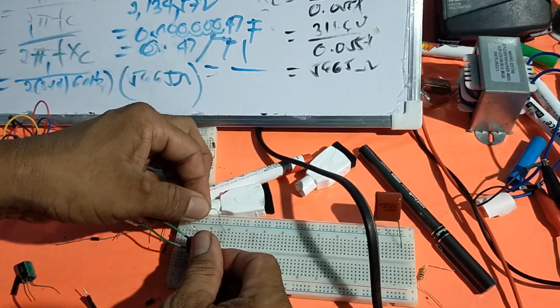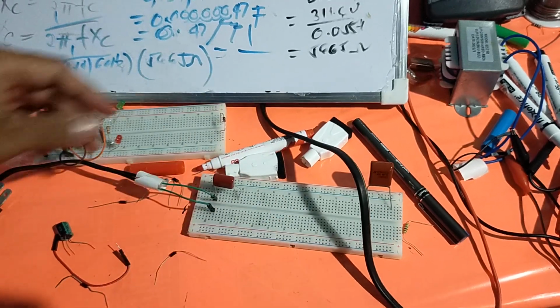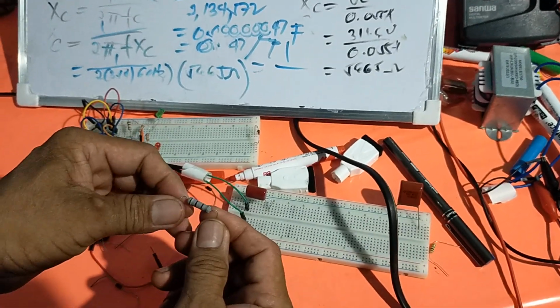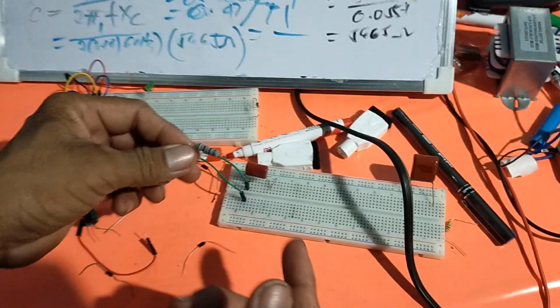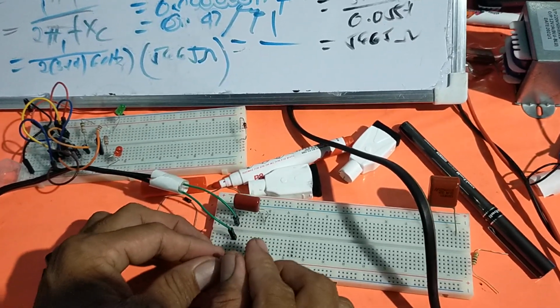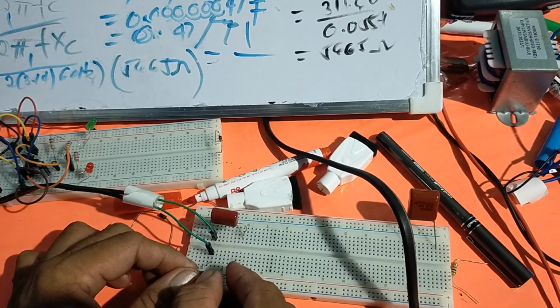So, just across this capacitor. Then the other line is connected with a 100 ohm resistor. The colors are brown, black, brown. So let us connect here.